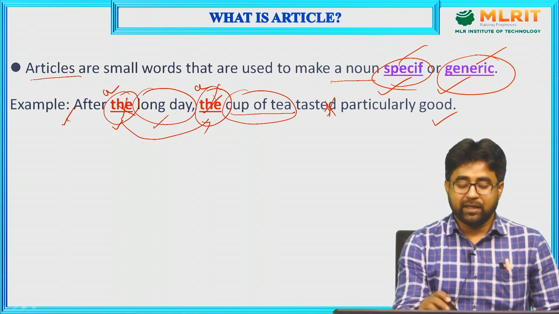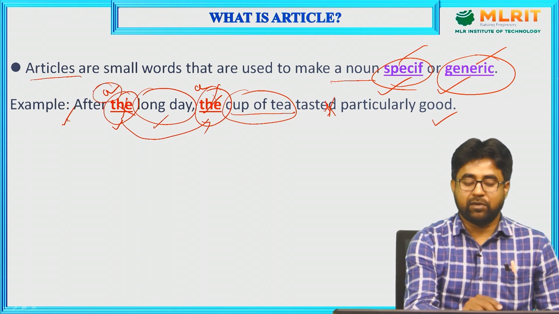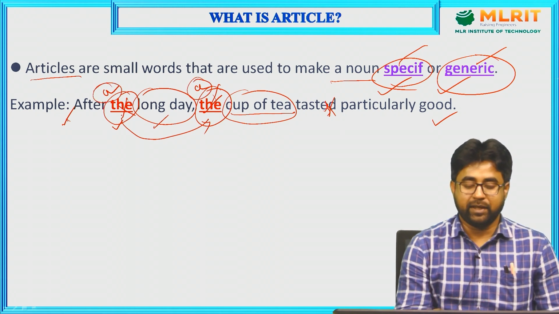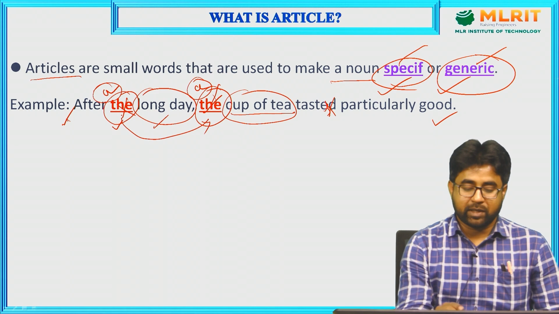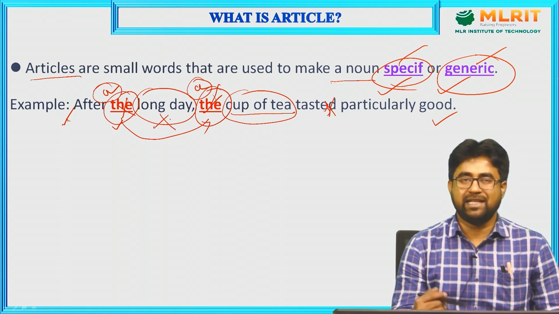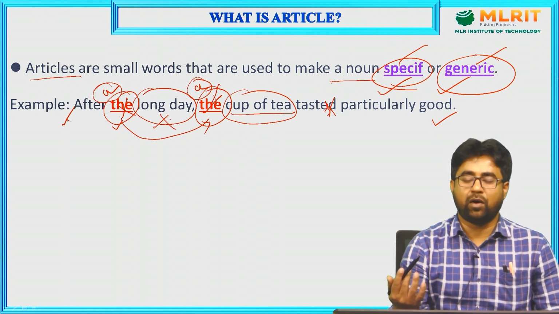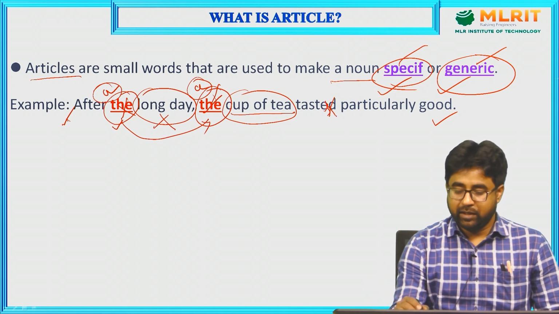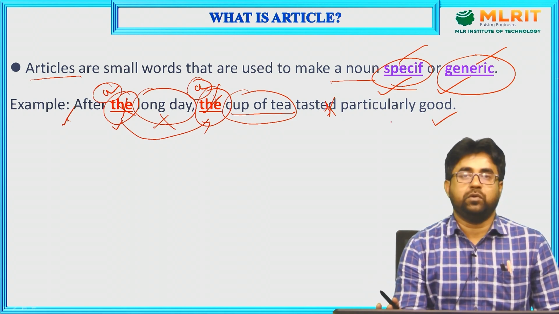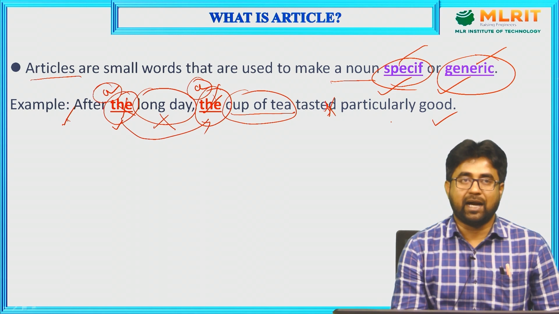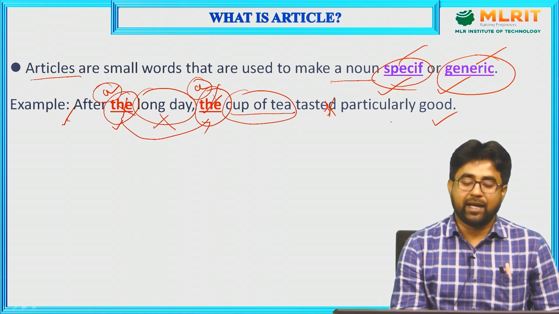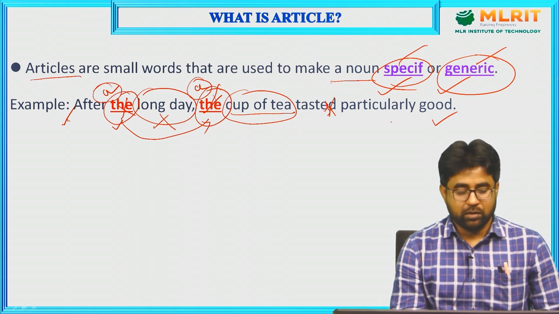The moment I use the article a instead of the, I am no longer talking about a particular day. I am talking in general, about any day. After any long day, any cup of tea will taste good. So that's the role of article. An article is used to make a noun specific or general.